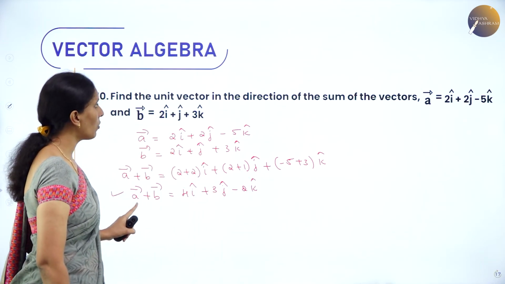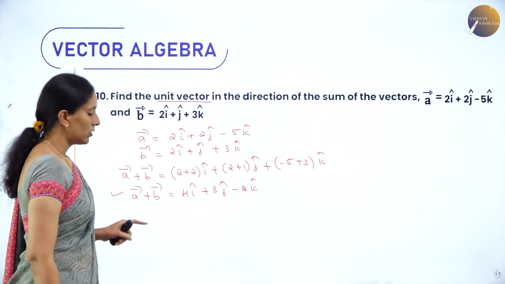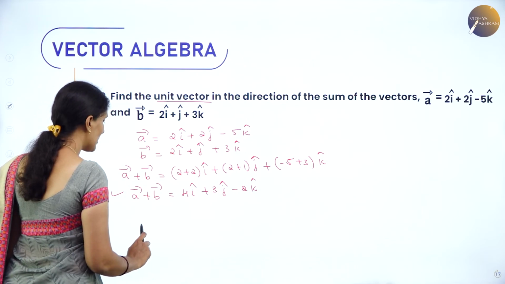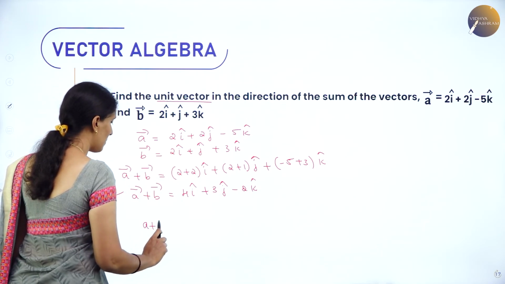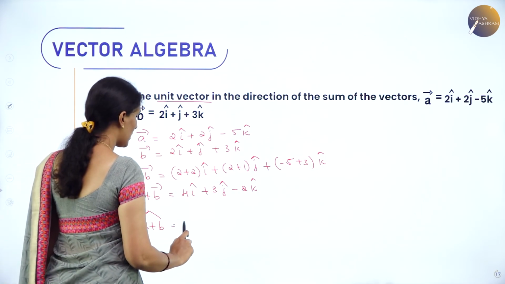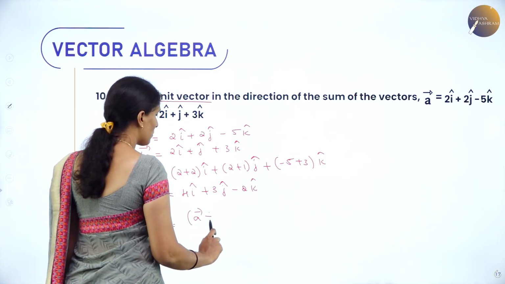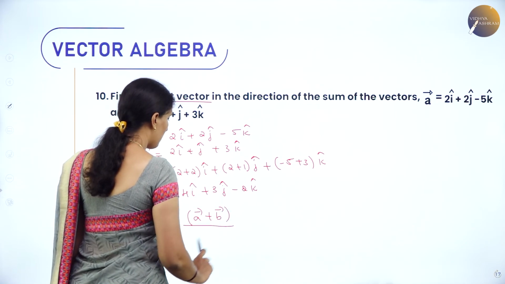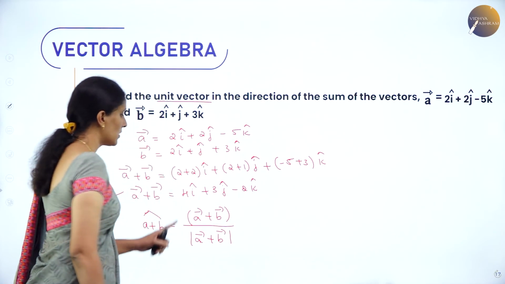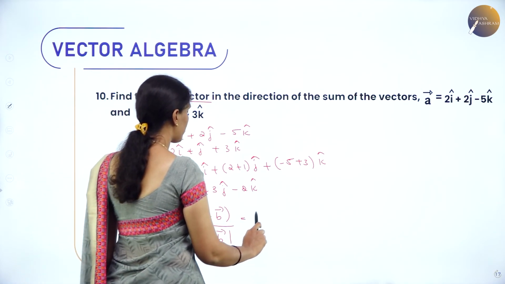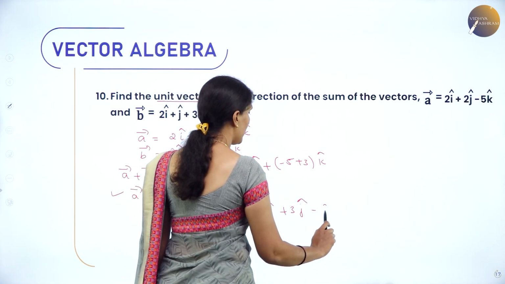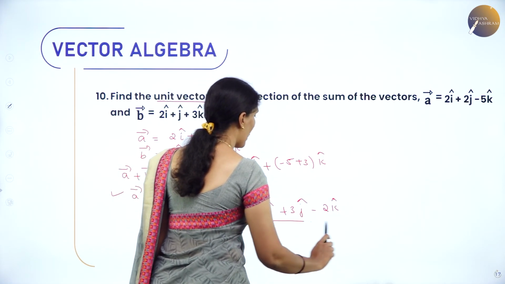Now we need to find the unit vector of the vector A + B. So let us find out. We can write it as (A + B) whole cap, which is a unit vector, which is nothing but vector A + vector B divided by the magnitude of vector A + vector B. So here we have 4i + 3j - 2k. What is the magnitude?